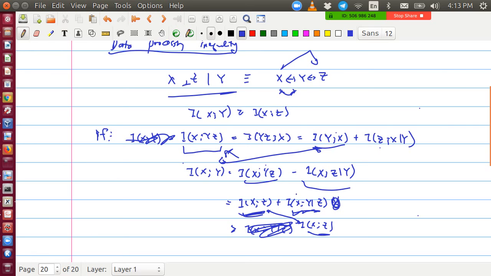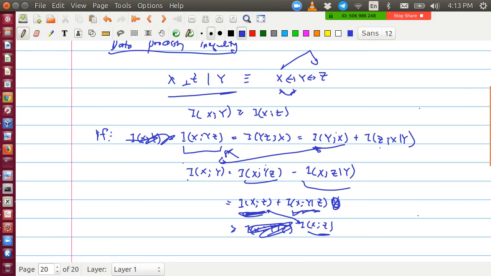Because this has to be positive, this I(X;Z) plus some positive value has to be bigger than I(X;Z) itself, right? So therefore I(X;Y) is bigger than I(X;Z).